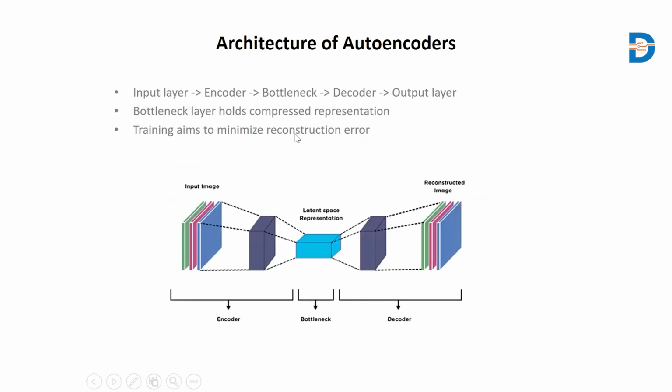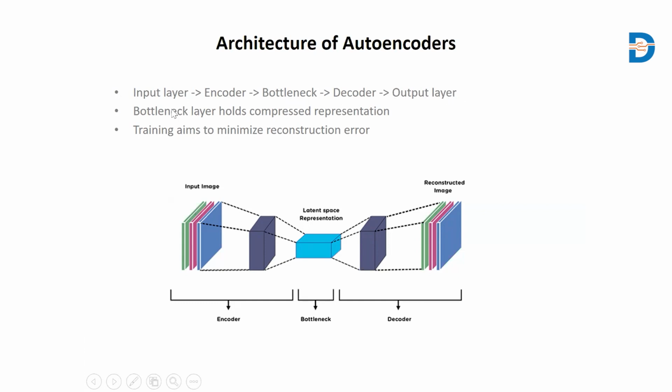So how does it work? The architecture: the input layer passes the data to the encoder. The encoder converts that data into compressed form and passes it to the bottleneck. The bottleneck holds the compressed data, and from this bottleneck the decoder gets the input and converts the compressed data into a reconstructed image.